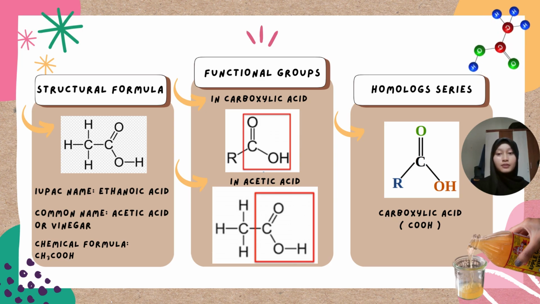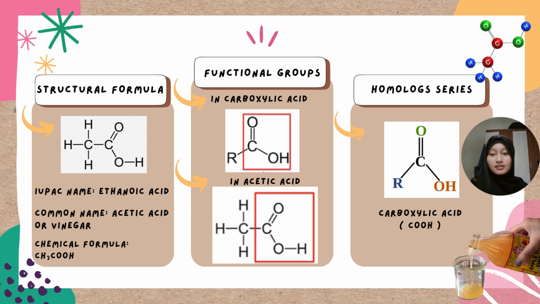For the structural formula, the IUPAC name is ethanoic acid, or it is known as acetic acid or vinegar. For the chemical formula, it is CH3COOH. Next, these are the two functional groups that are present in vinegar, which are the carboxylic acid, which is R bonded to C, double bond O, single bond OH.